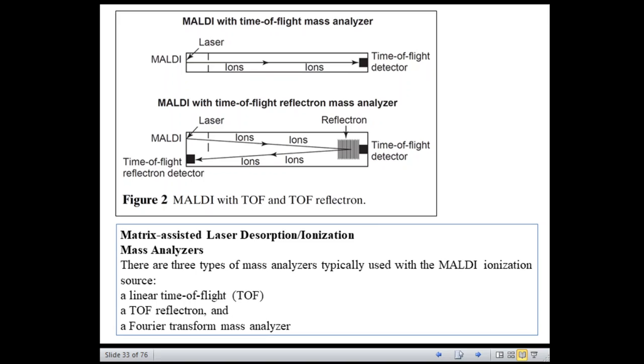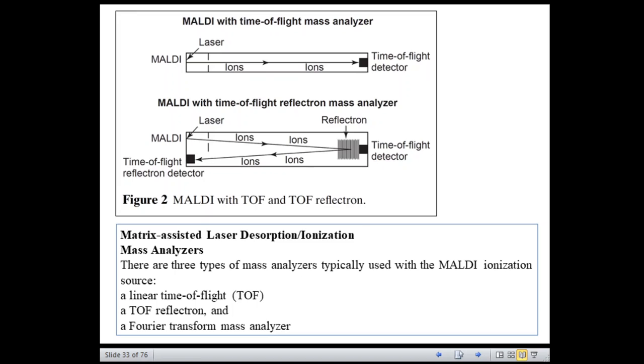There are three types of mass analyzers which are used with the MALDI ionization source. Number one, linear time of flight. The time of flight is abbreviated as TOF.